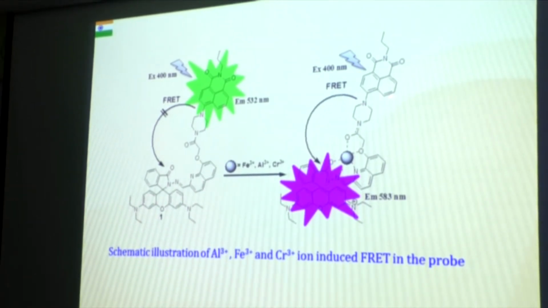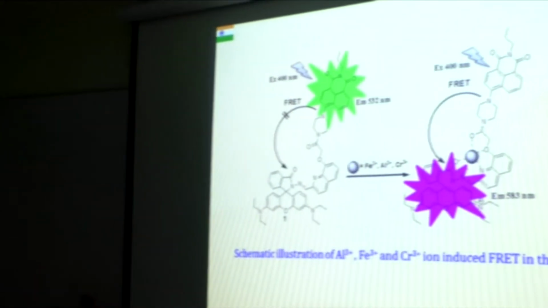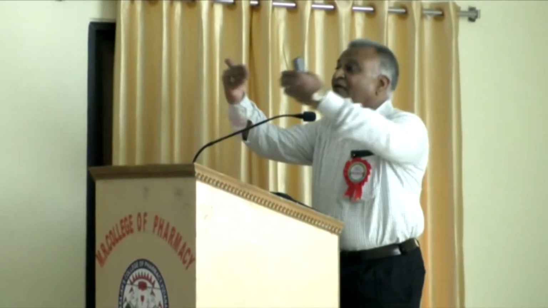That means energy is flowing from this end of the molecule to the other end. This is called fluorescence resonance energy transfer. The moment you add a cation, these two ends start talking to each other. A communication link is established between the two sides of the molecule just by complexation.